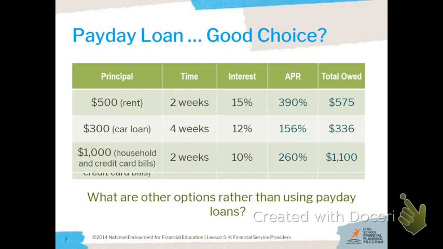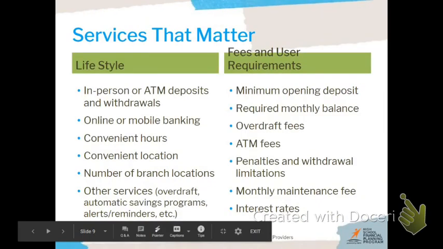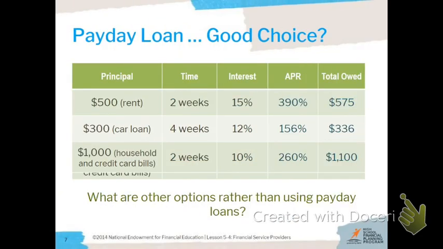So then in 2 weeks, you would have to be paying back $575. So if it was for a car, or you needed part of the money for your car payment, same kind of thing here. So that APR, because this is 4 weeks, right? This is 4 weeks, but there are 52 weeks in a year. So if I figure this out for the annual percentage rate, that's 156%.